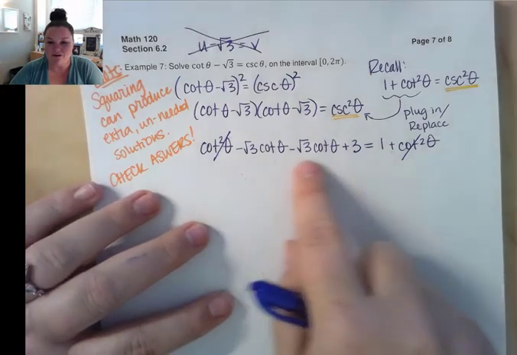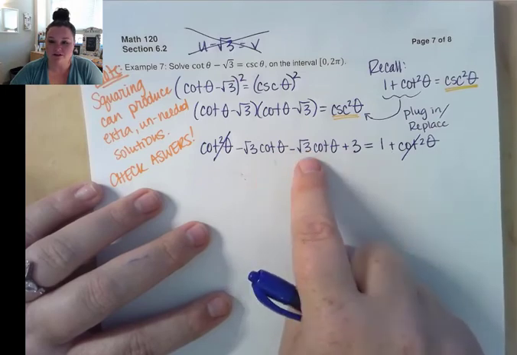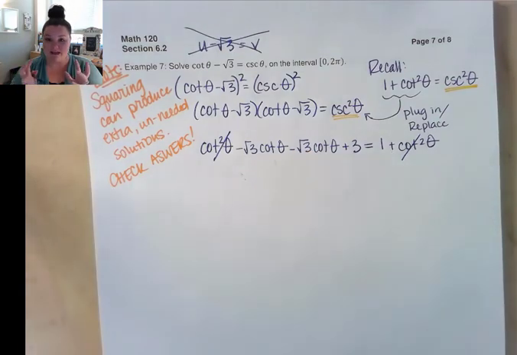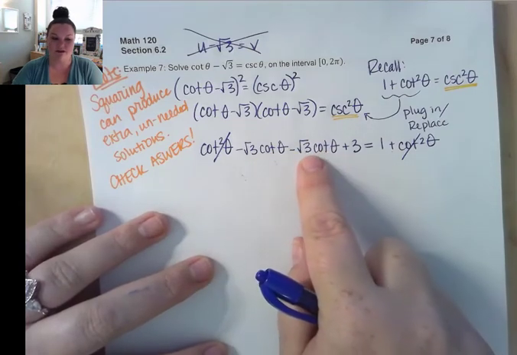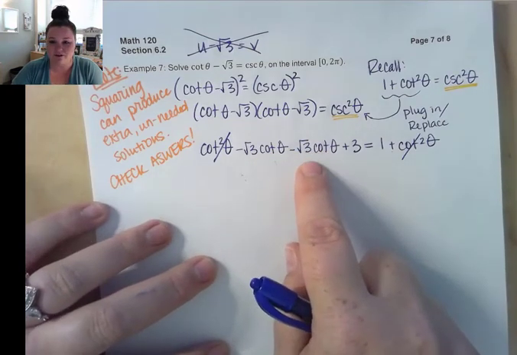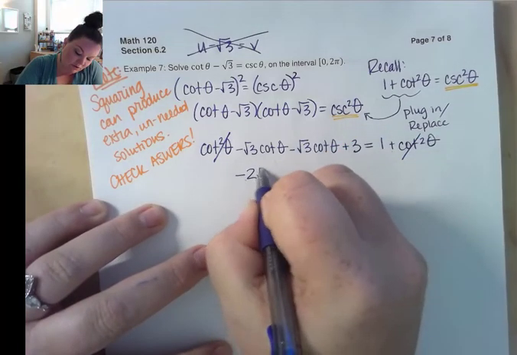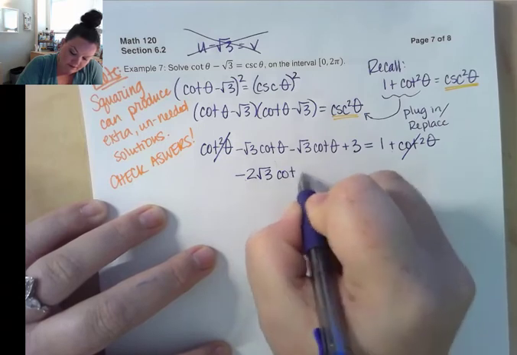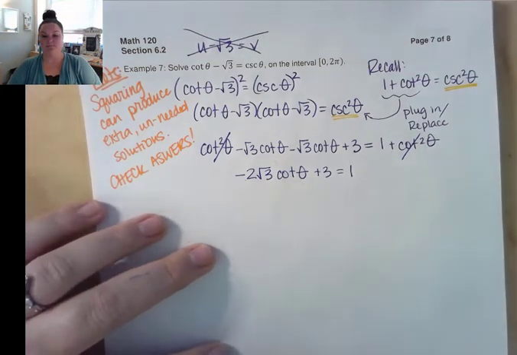So now let's see what I can do with what's left here. Well, these 2 terms are like terms, so that means I can combine them. Negative square root of 3 cotangent and negative square root of 3 cotangent, when I add those together, it just gives me negative 2 square root of 3 cotangent theta plus 3 equals 1.